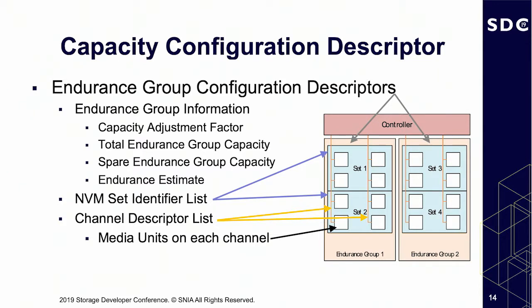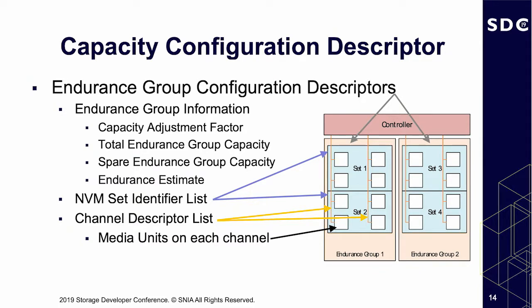So there's a list of the NVM sets that are configured in here. Then we list the media units, but those are listed according to which channel they are coming out of. So each endurance group will have some number of channels, 2 in each of these cases, and then some number of media units that are hanging off of each one. So the NVM set identifier list will have an entry for this NVM set, an entry for this.